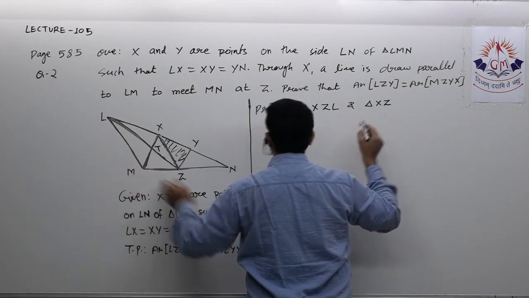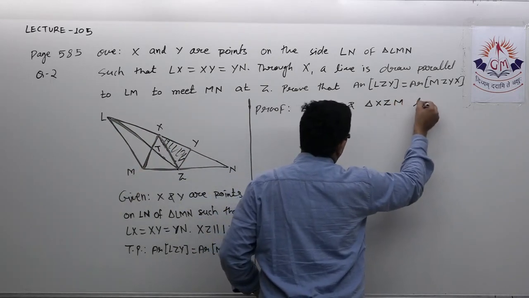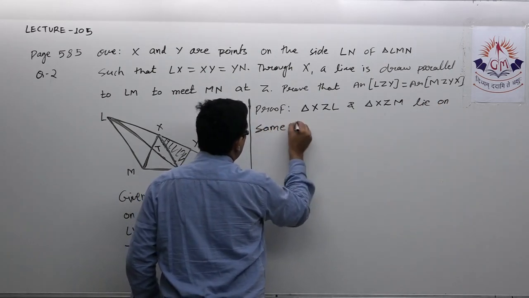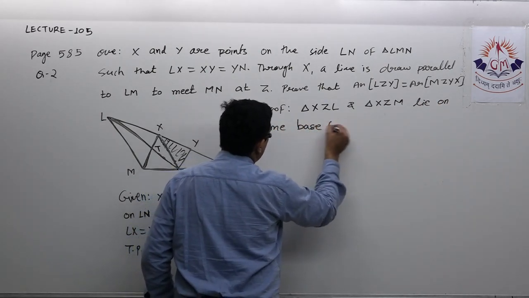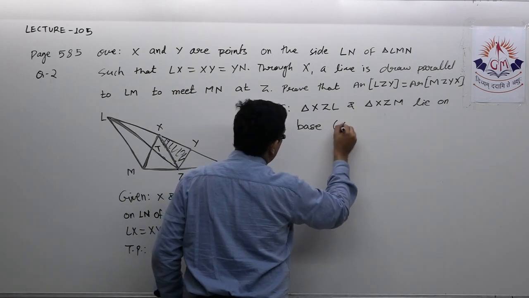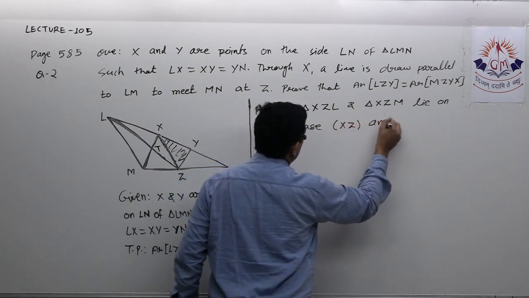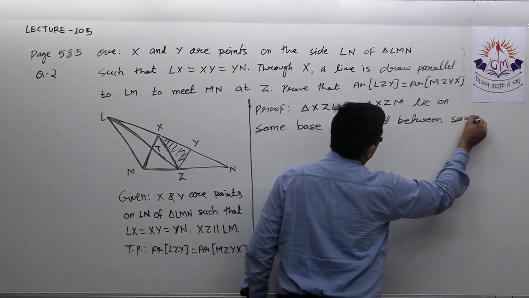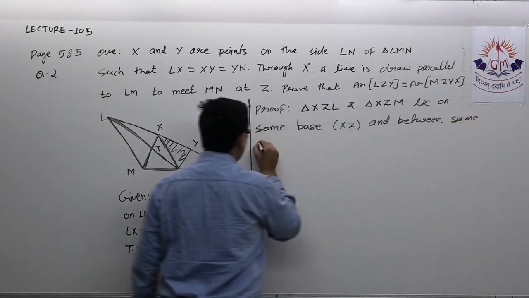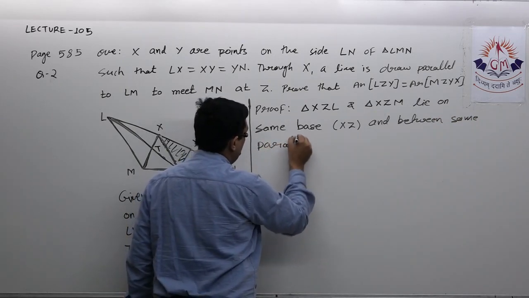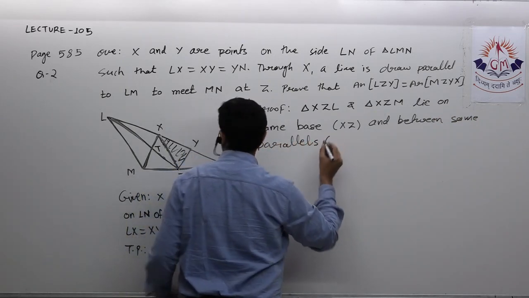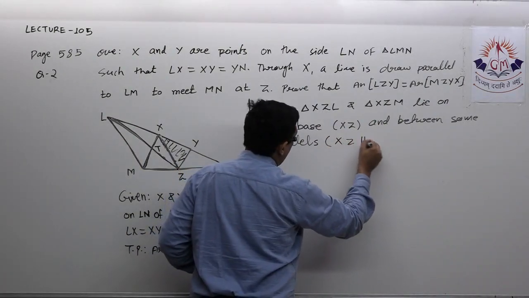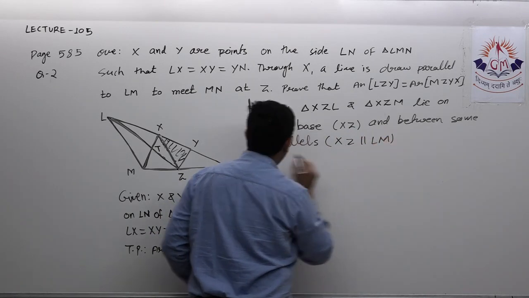XZL and XZM lie on the same base XZ and between the same parallels, XZ parallel to LM.